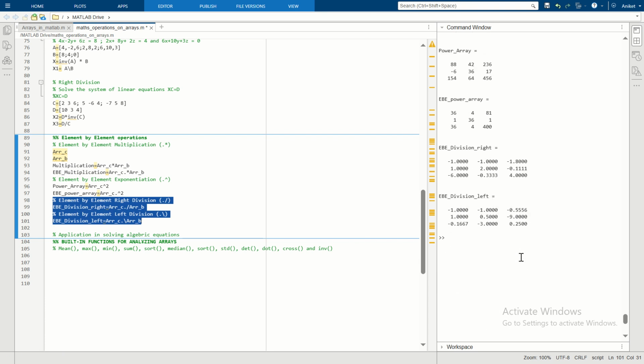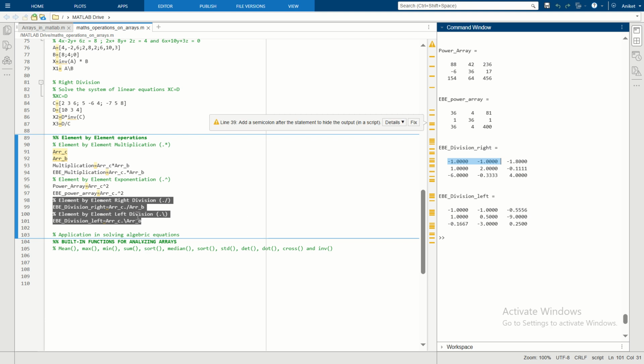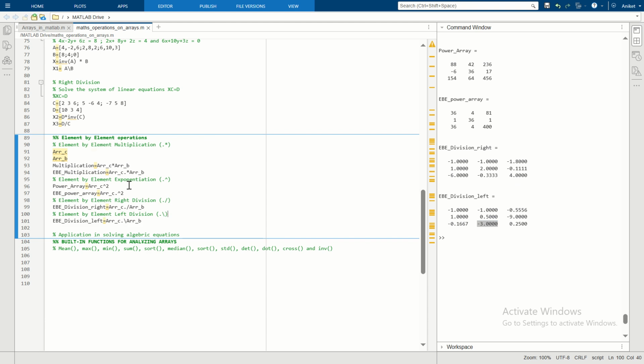You can see here a right division and a left division. A few of the elements are the same, because might be these two elements of these two vectors or matrices will be same, but you can see here the row 1 column 3 element is changed, this element is changed, this element is changed. This might be 1 by 3, and this is minus 3 by 1. Okay, so this is how element by element operations will work.